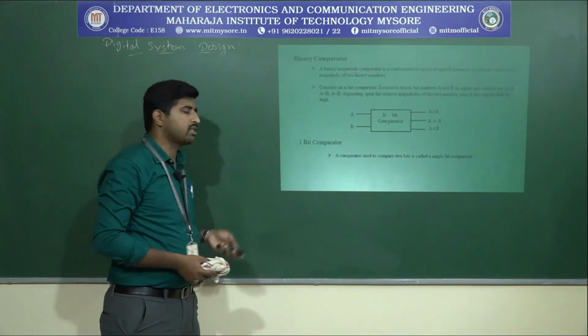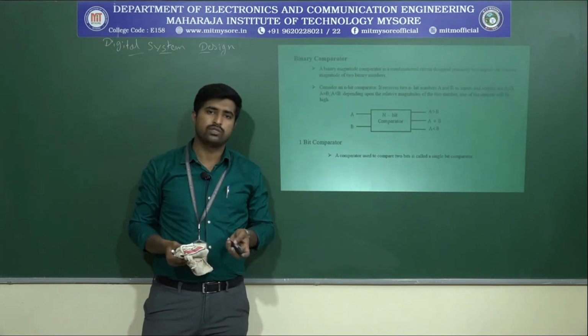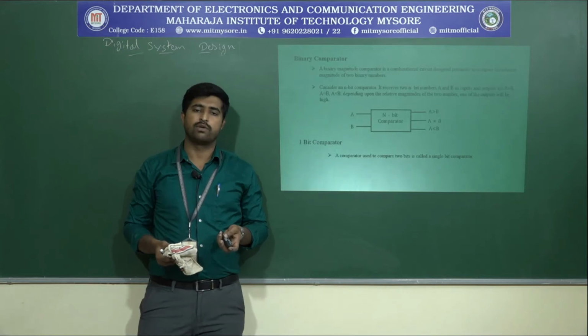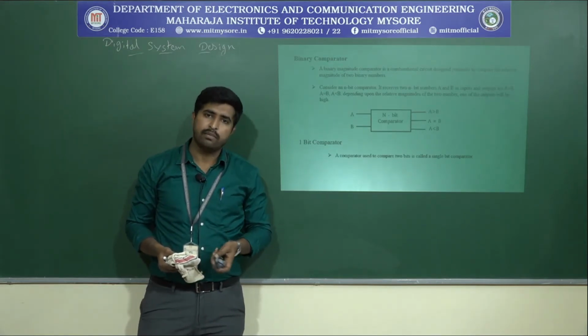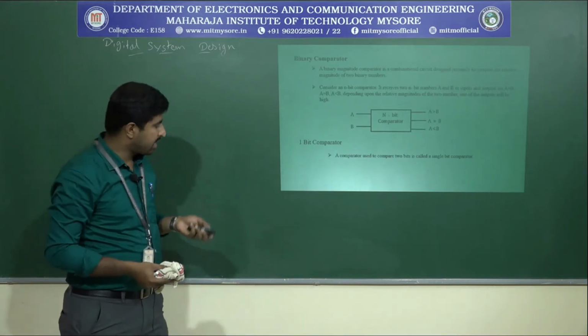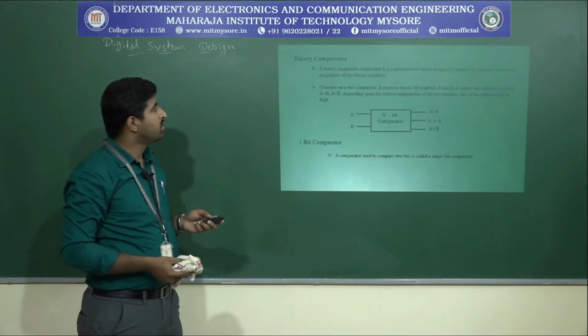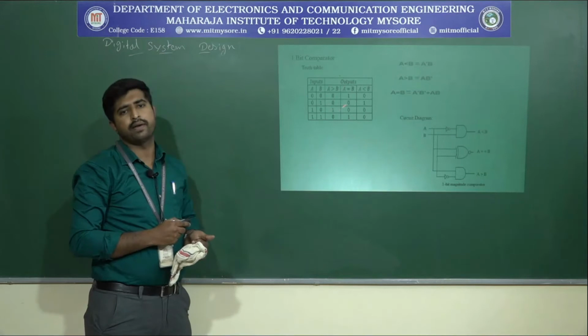A 1-bit comparator compares 2 binary values of 1 bit each, and produces the output corresponding to A equal to B, A lesser than B or A greater than B. Let's understand the 1-bit comparator in depth. Let's see the truth table of the 1-bit comparator. This is the truth table of a 1-bit comparator.